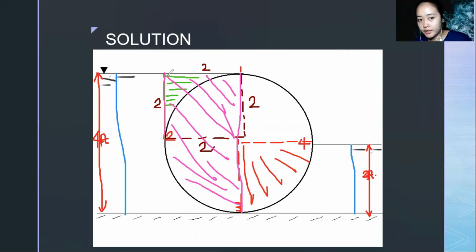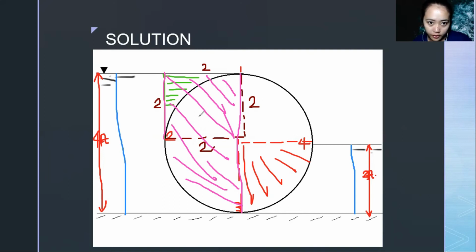And as you can see, you can separate this area. You can see it's a square. There is a quarter of a circle.